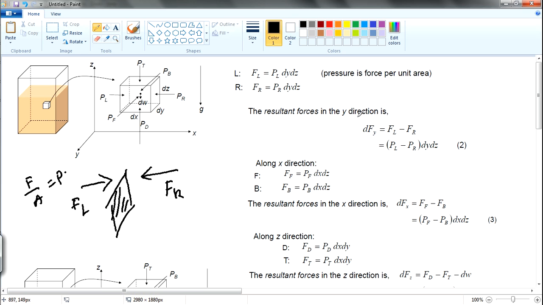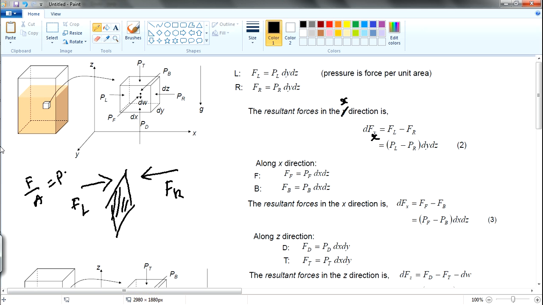I don't know whether it is true, but from what I think intuitively, if you push this in this manner and you push this in this manner, the resultant should be in the x-axis, right? So I believe this is x. The resultant should be this, and in fact this is Fx.